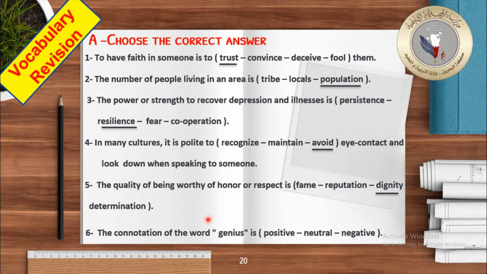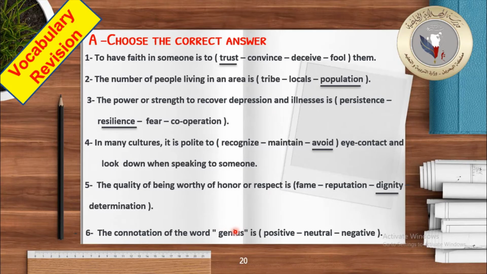The last one, the connotation of the word genius is positive, neutral, or negative. First, what's meant by the connotation? It means what you feel, or what comes to your mind when you hear the word genius.